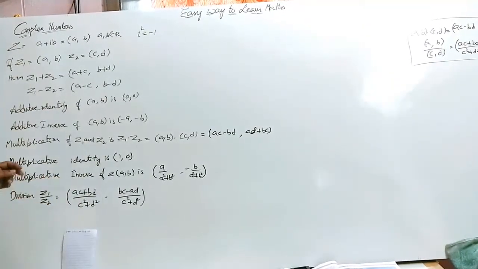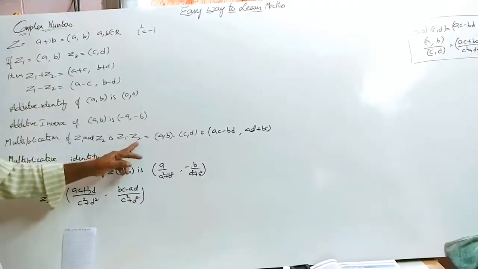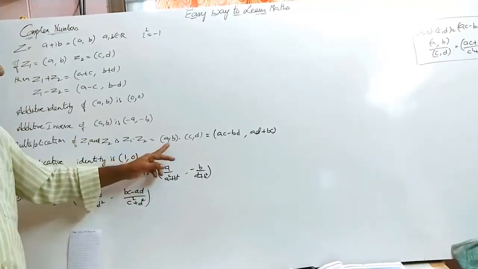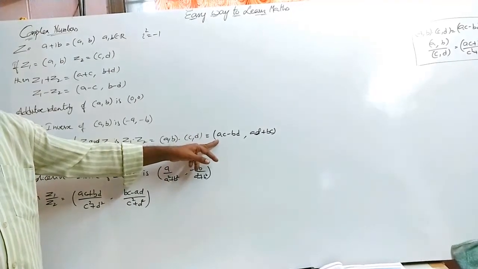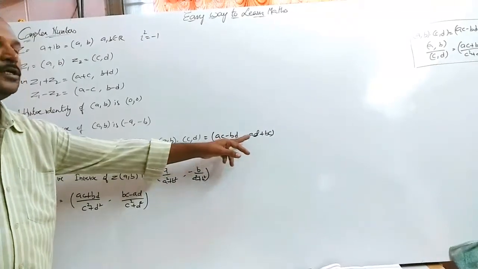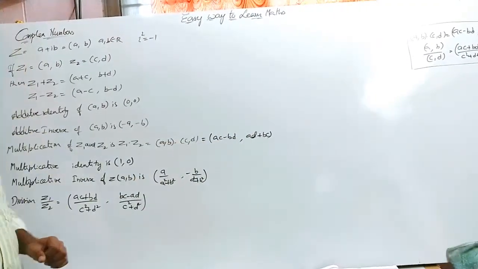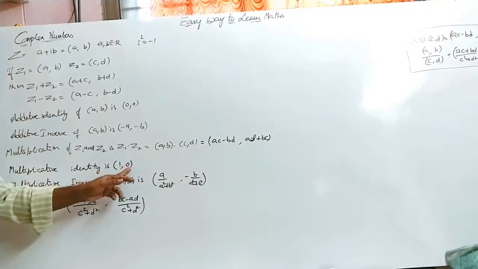Then multiplication of Z1 and Z2. Z1 dot Z2 is equal to (a, b) dot (c, d). Here we can make use of this formula: (a, b) dot (c, d) is equal to (ac minus bd, ad plus bc). Then the multiplicative identity is (1, 0).